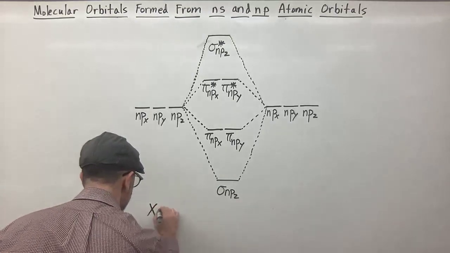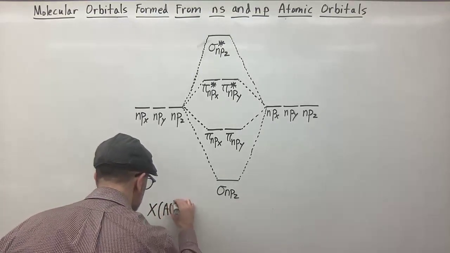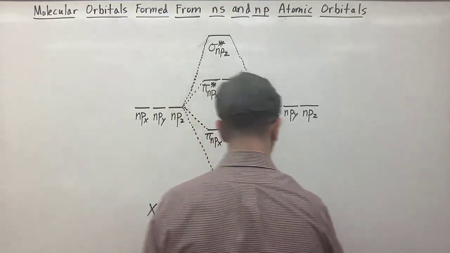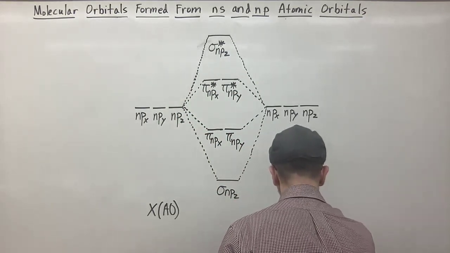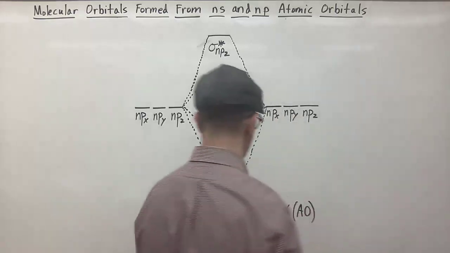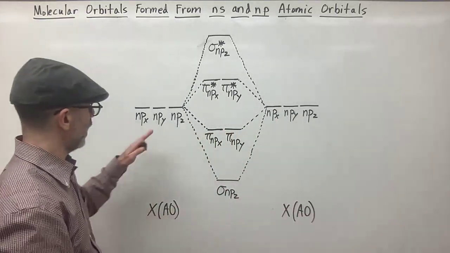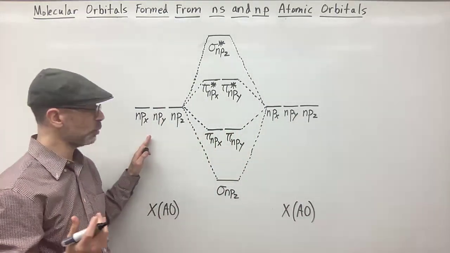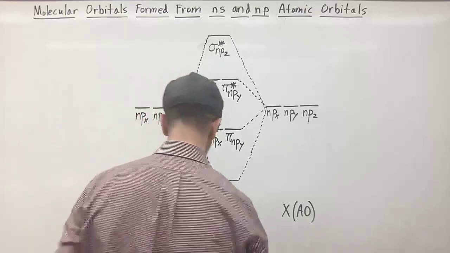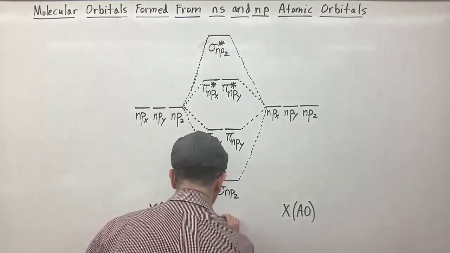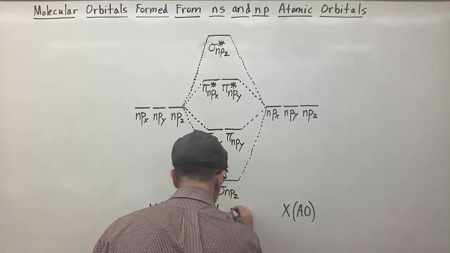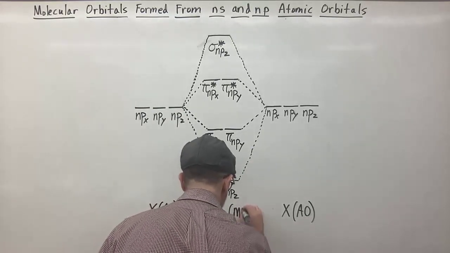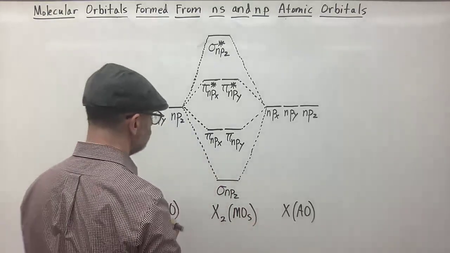So we have atom X, atomic orbital over here. We have atom X, atomic orbital over here. So they're the same atom. They have p orbitals available for combinations or overlap. And then we're going to form an X2 molecule with molecular orbitals.